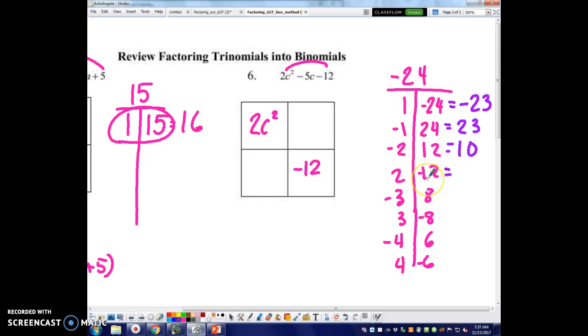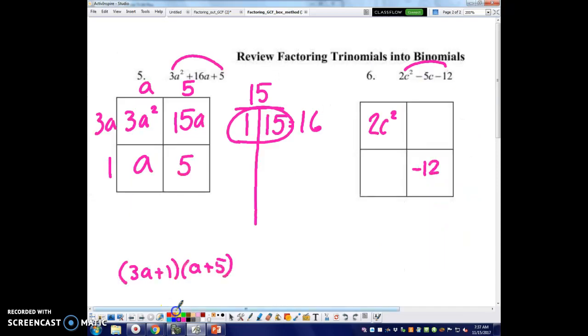And then 2 minus 12 is negative 10. Negative 3 plus 8? 3 minus 8? Negative 5. Then we have negative 4 plus 6? 2. And 4 minus 6? Negative 2.